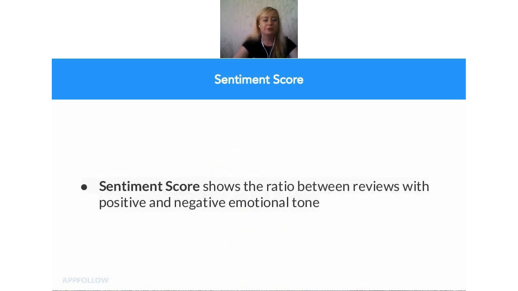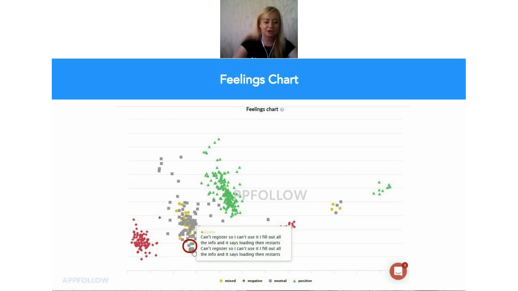I will also show you the feelings chart. It's always better to check out the feelings chart on the live application, because the feelings chart is the graph which allows you to see the reviews structured or gathered according to a certain topic.